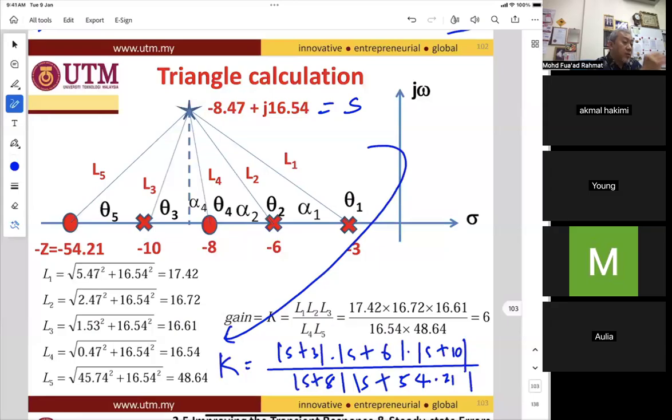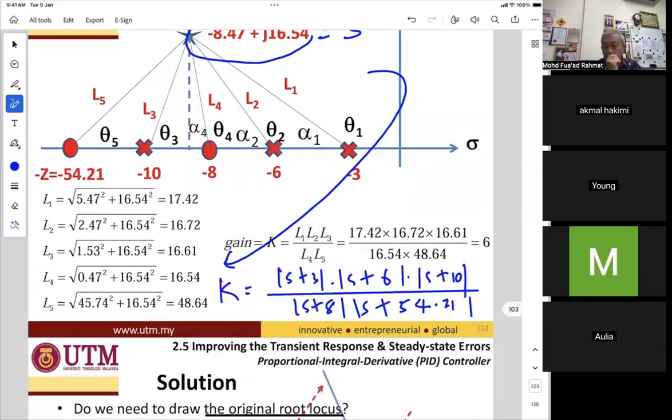So we take this value, the new dominant pole, as S, insert inside this K using calculator, then simplify, you will get the value which is equal to 6.